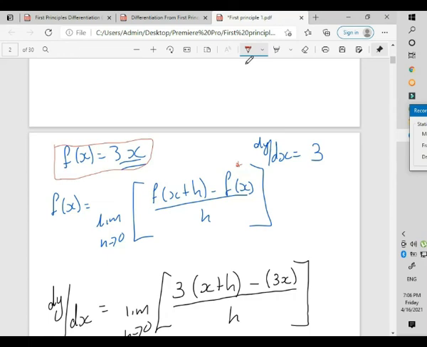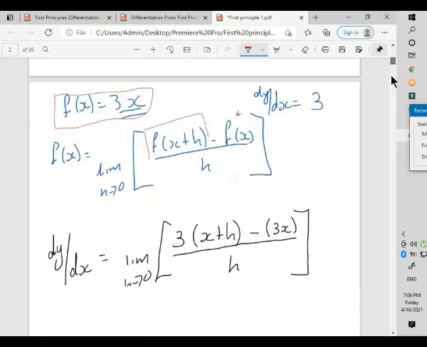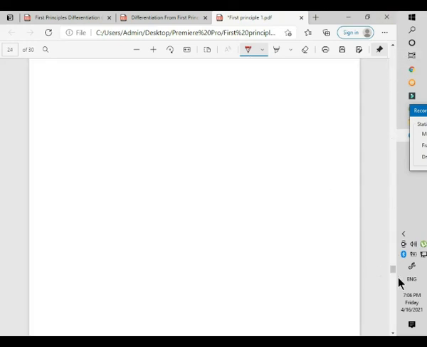But look at the interaction that happens here. Pay very keen attention to that. The 3 goes in front, and then the x is considered in the bracket itself.